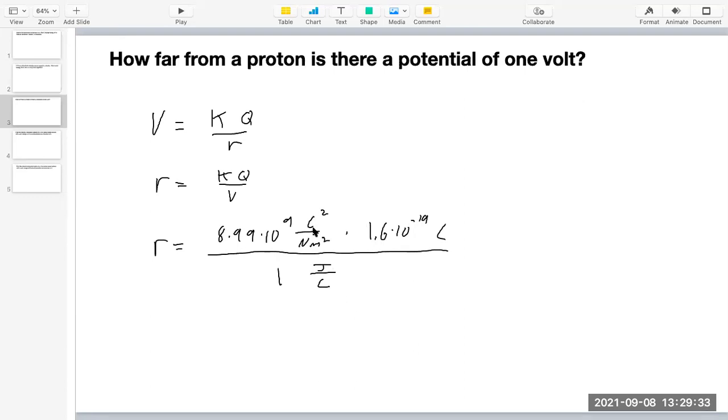Your units, I think, are upside down. Yeah, I flipped this over. Usually I get epsilon wrong upside down. This time I got epsilon not upside down. I used my epsilon not units for K. There we go. And now my units are all happy. And I do end up with meters for an answer.